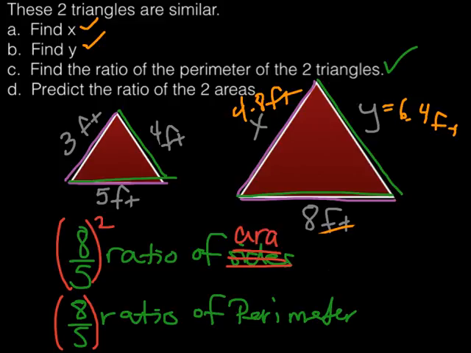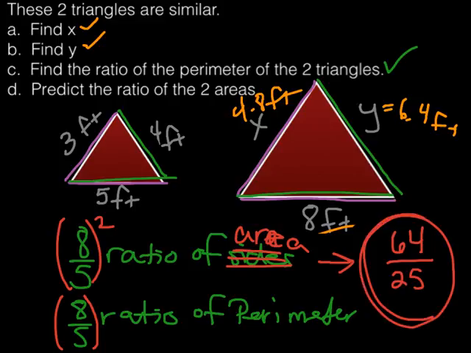So now, instead of 8/5 being the ratio of my sides, it's going to be 8/5 squared is the ratio of my area. And if I actually do that, 8 squared is 64, 5 squared is 25, and that is the ratio of my area.